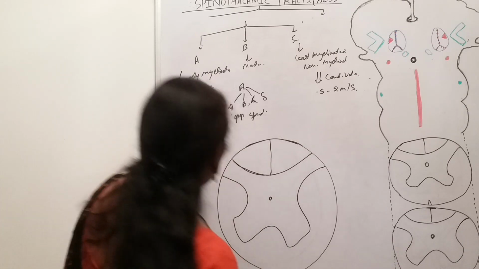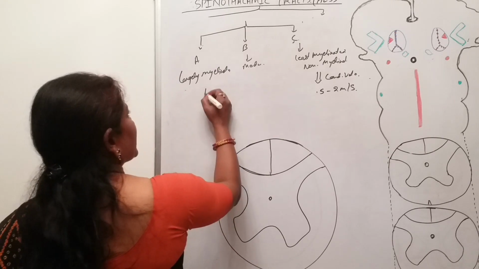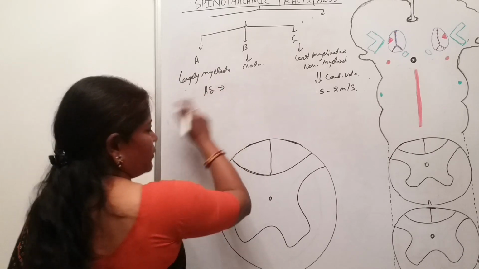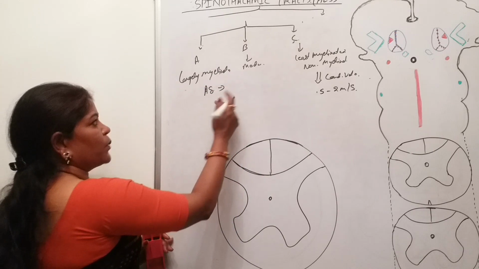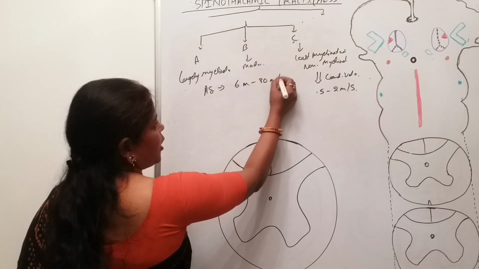So A alpha has the maximum speed, but the A delta fiber, which we are concerned with here, has a speed ranging from 6 to 30 meters per second.